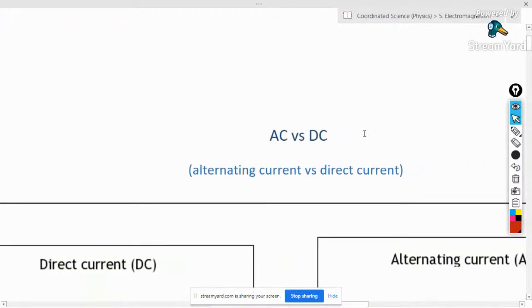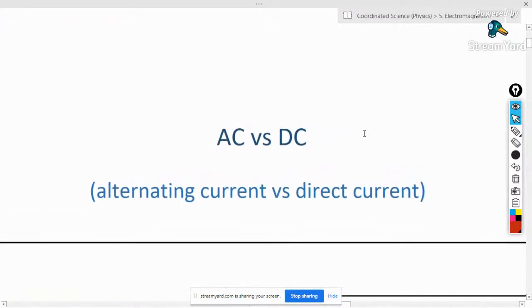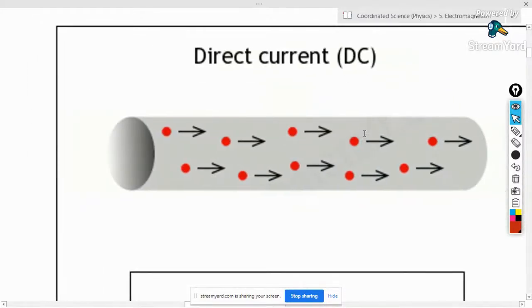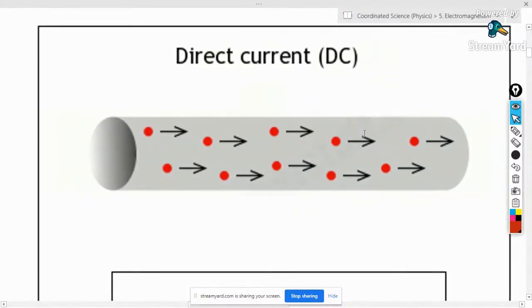Before we get started, we need to understand the difference between AC and DC, alternating current and direct current. Let's start with direct current. Direct current is very simple. This is what batteries provide. If you have a battery supplying energy to whatever, the electrons in the wires will all be moving in the exact same direction.